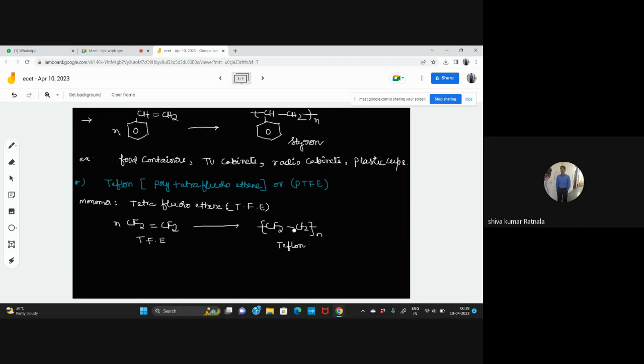So where are we going to use this? Its use is because it is heat resistant. Teflon is a heat resistant polymer.